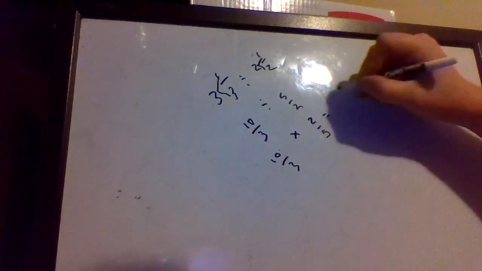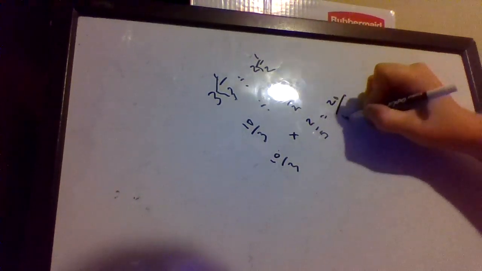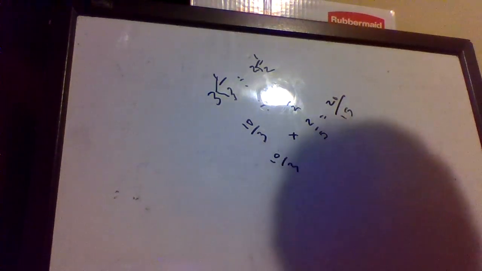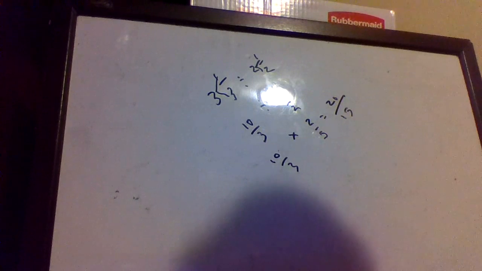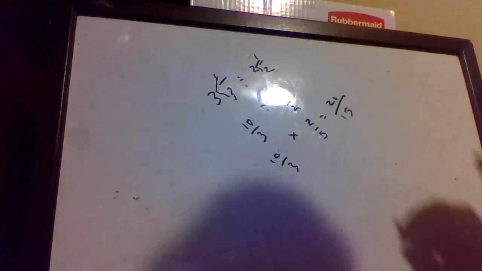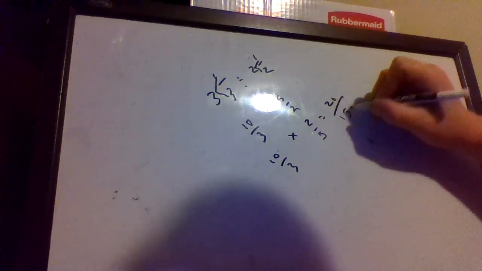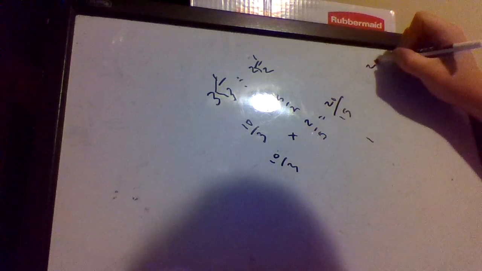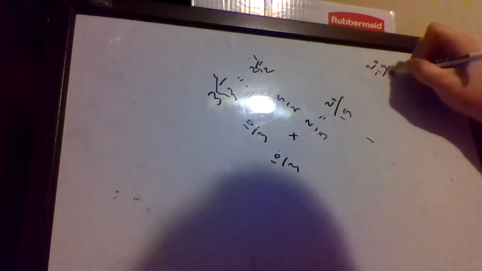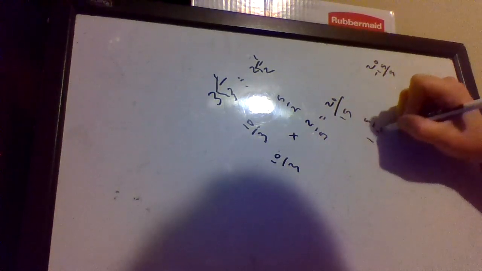Then we multiply. 10 times 2 is 20. And 3 times 5 is 15. Now we can either simplify this first or just make it a mixed number. So 15 goes in 20 once. 1 times 15 is 15. So 20 minus 15 is 5. So we've got 5 over 15.